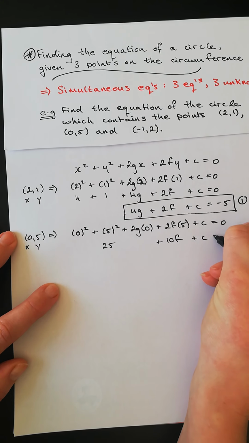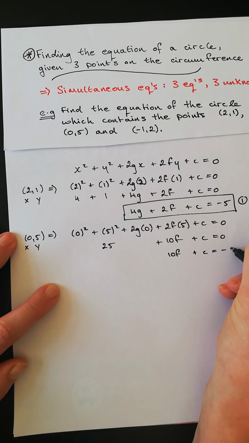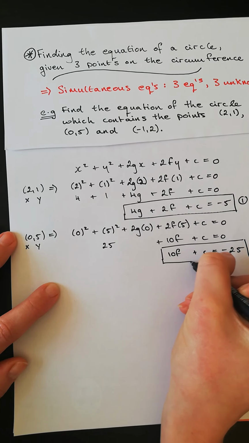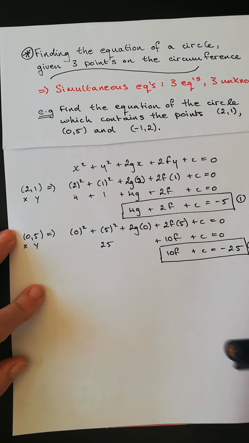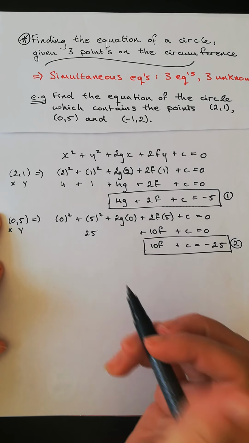Get 10f plus c here. I love subbing in 0. Something nice always happens. My second equation here only has 2 unknowns, f and c, because that's 0. Eliminated my g for me, which is fab because it's already done some of my simultaneous equation work.